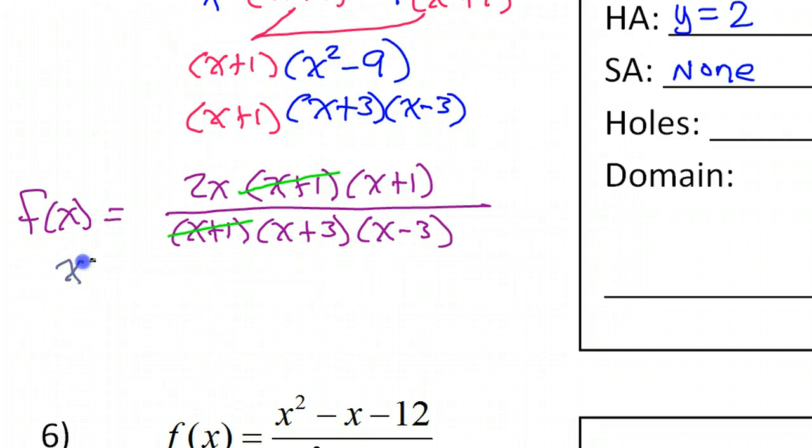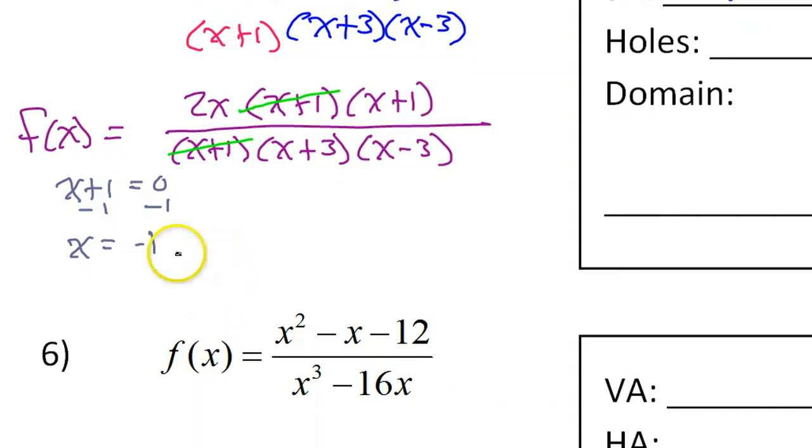So if I take that x plus 1 and set it equal to 0, subtracting 1, I get x equals negative 1. That tells me that I'm going to have a hole at negative 1, comma, something.